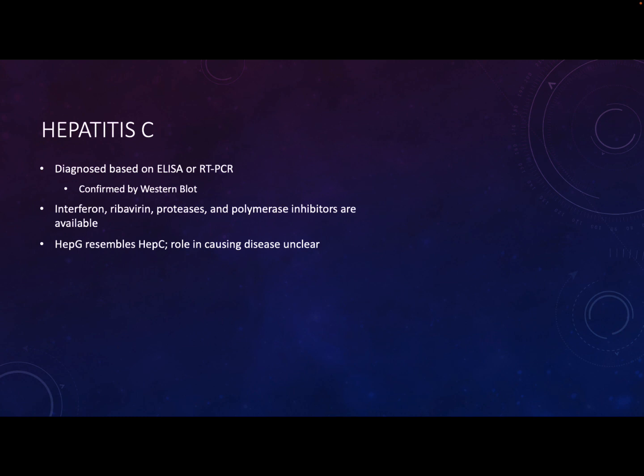Hepatitis G, we don't really talk about because we don't know a ton about it. It seems to look a lot like hepatitis C in terms of its genetics. It's a flavivirus, but it's unknown how much disease it truly causes. We know it exists and they have found it in patients, but how associated with disease is it? Is it as severe as hepatitis C? Maybe not. These are things that we're still learning about.